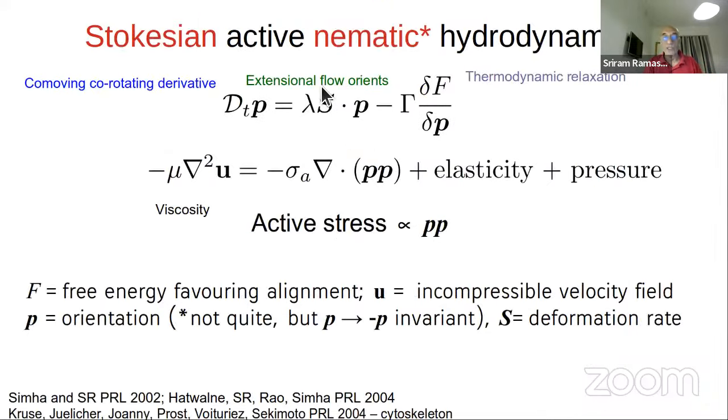Okay, so our equation of motion schematically is the co-moving, co-rotating derivative that I showed you in the previous slide of P is, and then some coupling of the extensional part of the flow to P, downhill descent of P in the free energy functional, and a momentum equation. Now I've done something special to the momentum equation.